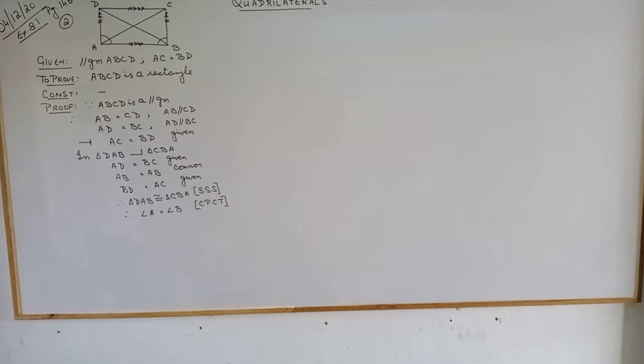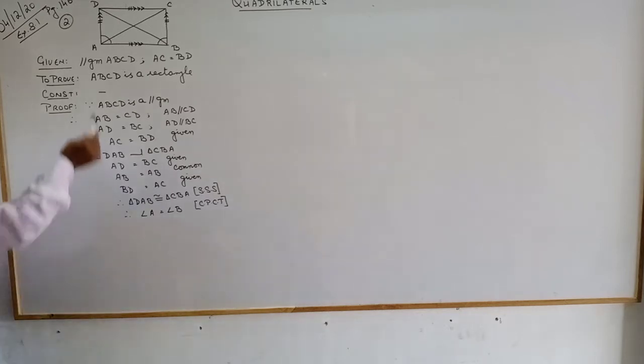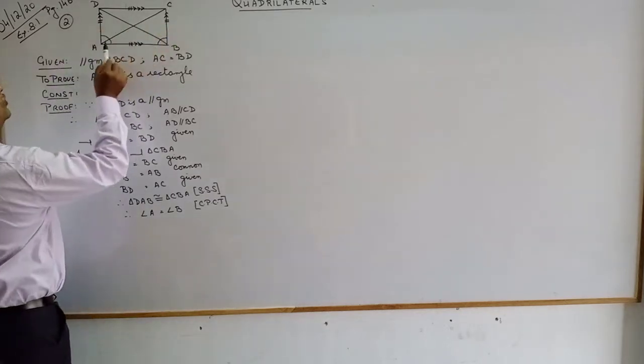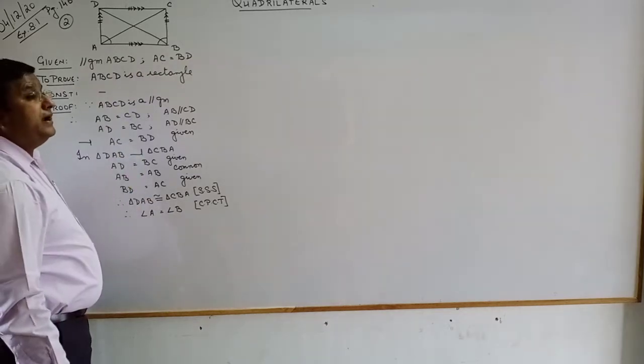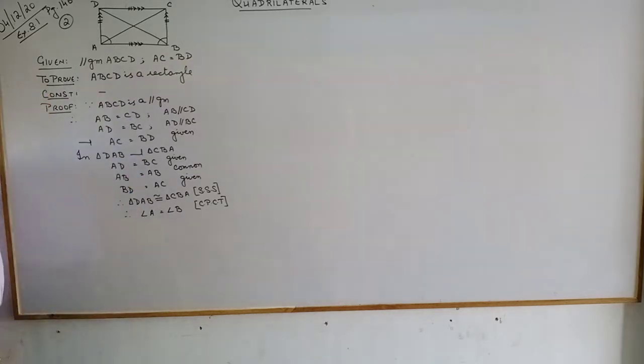But we need to prove that they are 90 degrees. Then only we can say it is a rectangle. So how do we prove it is 90 degrees? Because these two lines are parallel, what is the sum of interior angles on the same side of a transversal? Supplementary, 180. Page number 100 of your textbook, theorem numbers 6.5 and 6.4.